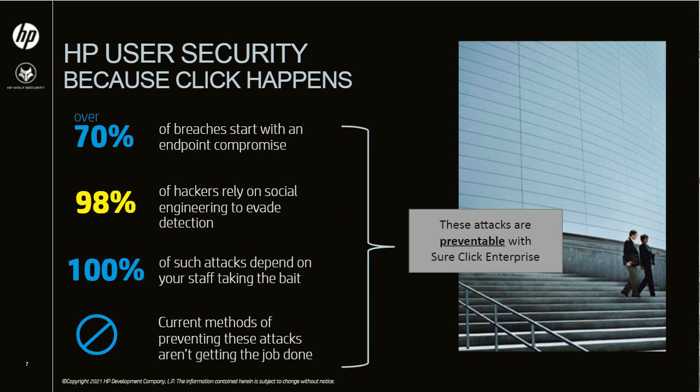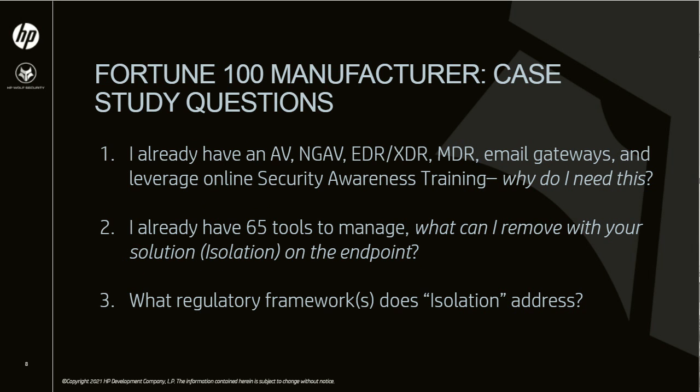Okay, so let's talk about another thing that comes up when you talk about what's the point of isolation and why the endpoint. The endpoint's important because attackers have determined that by going through a standard pathway, it's not only difficult, but it's probably not economically viable.